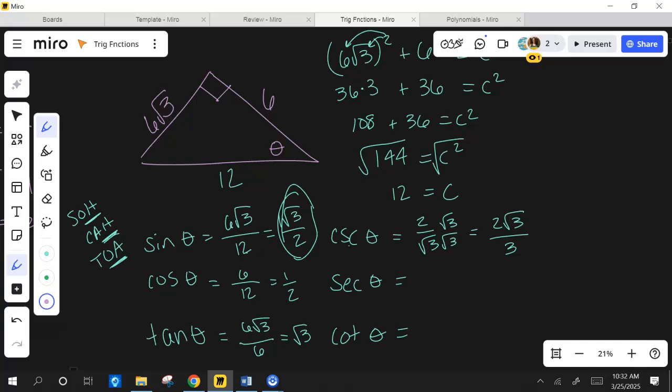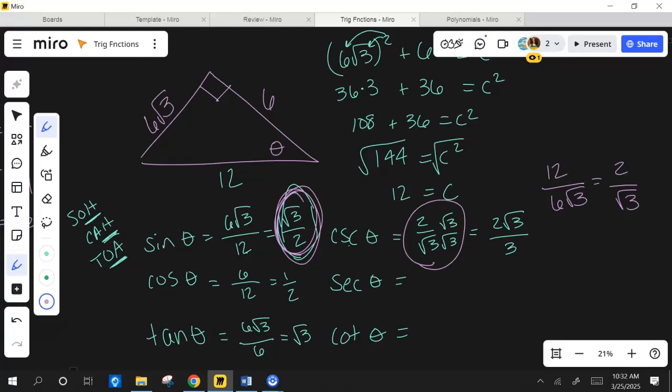If you don't care about it, then look somewhere else. If you wanted to, you could have used hypotenuse over, so 12 over 6 root 3. You would get 2 over root 3. And then I could simplify this way. I just took the already simplified one and flipped it. Either way is fine.